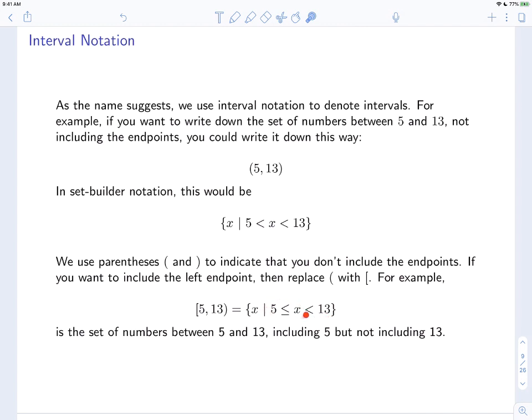This first inequality is less than or equal to. That means x is allowed to be equal to 5, so we want to include 5, and that's why we use a bracket. On the other side, x is strictly less than 13, so we want to exclude 13, so that means we use parentheses. You use brackets if you want to include the endpoint, and you use parentheses if you want to exclude the endpoint.